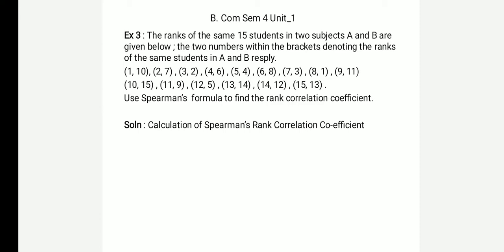This happens whenever we deal with qualitative characteristics, such as honesty, beauty, character, morality, etc. They cannot be measured quantitatively, but can be arranged serially or by giving ranks or scores. In such situations, Karl Pearson's correlation coefficient cannot be applied.